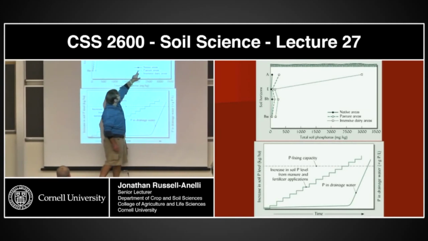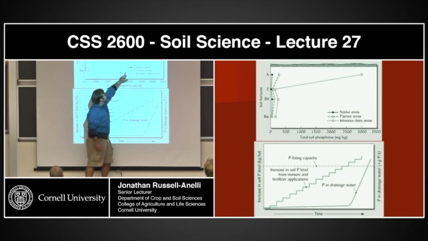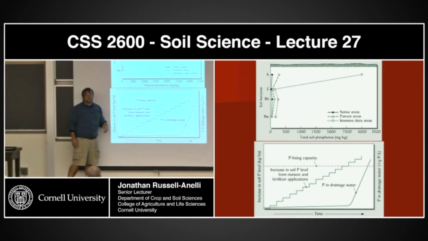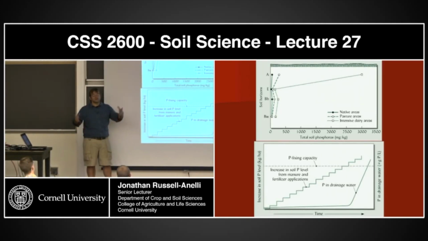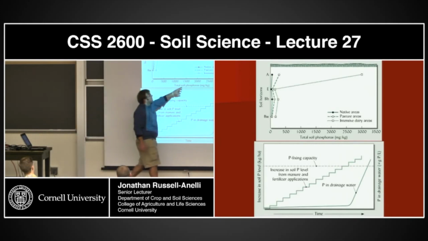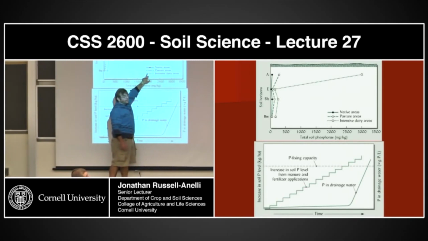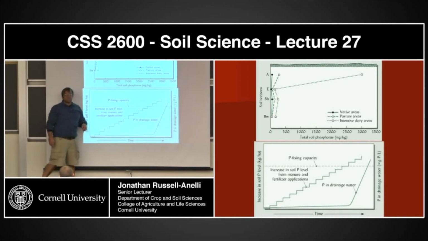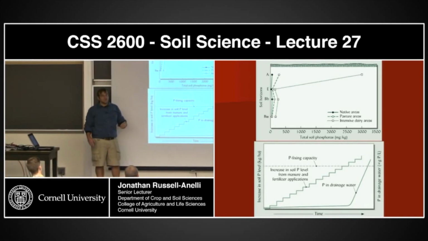The dashed green line here is basically pasture area, like cows, like organisms, ungulates grazing. The dotted line right here is basically an intensive dairy situation, where I've got a CAFO operation and I'm basically taking the manure and I'm spreading it, like a lot of cows, and I'm spreading it on my soil.